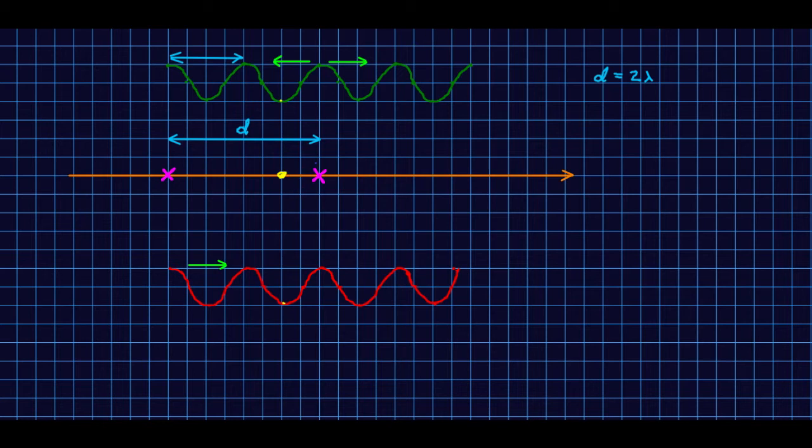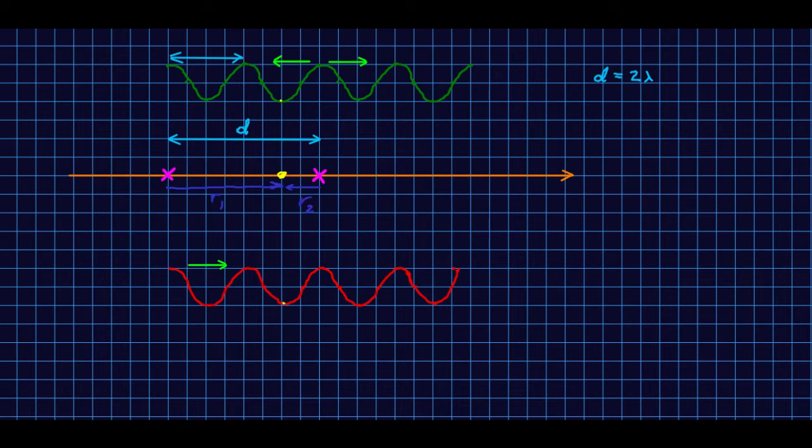So there is a path length from this source to here, and from this source to here. Let me call this path length R1, and I will call this path length R2.